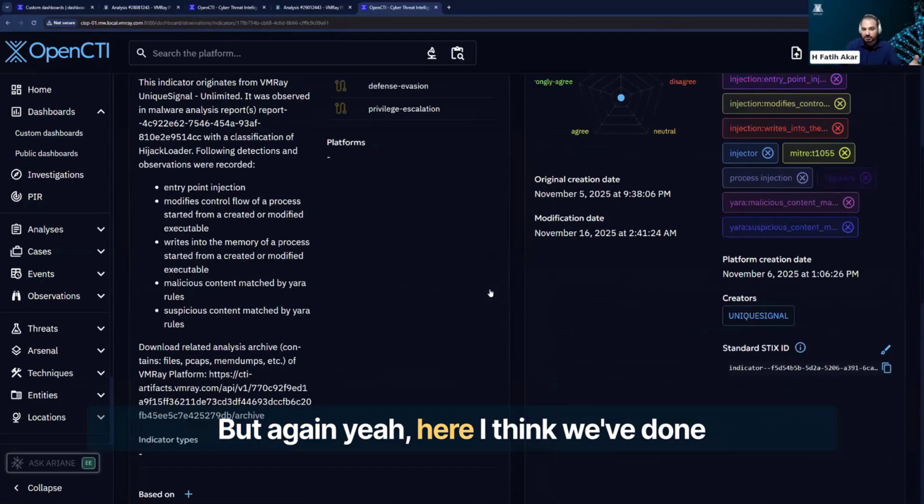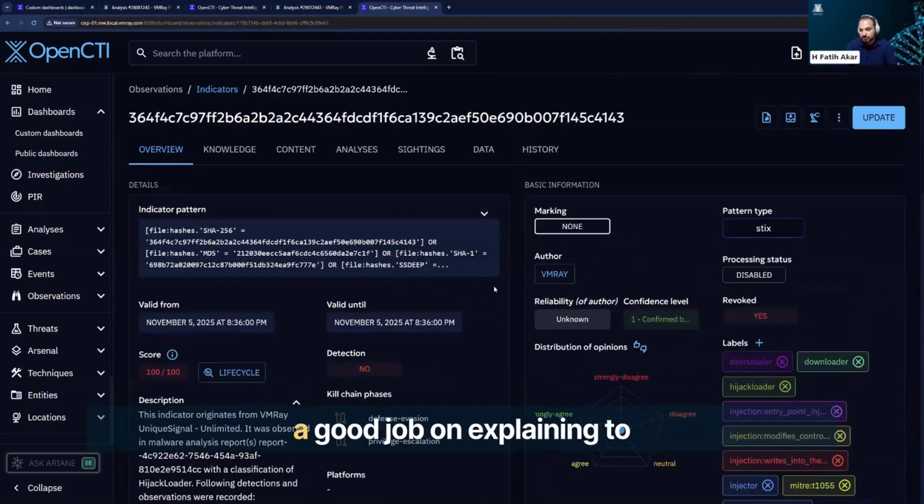But again, here, I think we've done a good job of explaining to you how having these different types of data serves various different use cases. In incident response, you may be needing much more detail on the host-related artifacts.